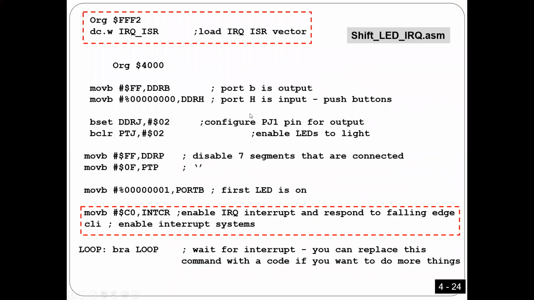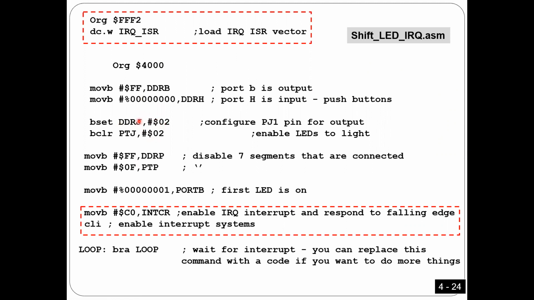Here, number one, you have to write this one in order to tell the microprocessor where your program is. Also I have to configure port B and port H as output. This we always do. I have to enable these. These are the configuration we always do.